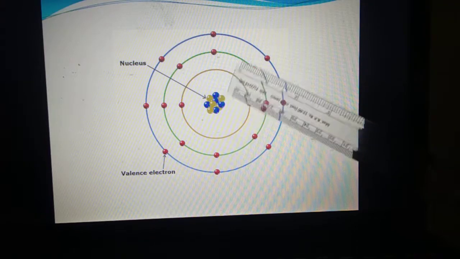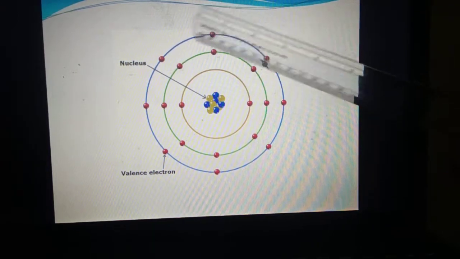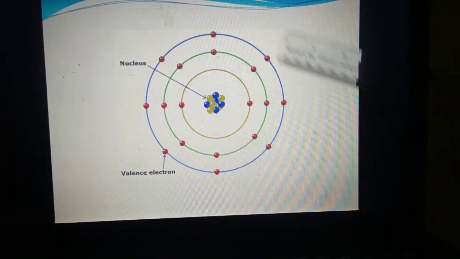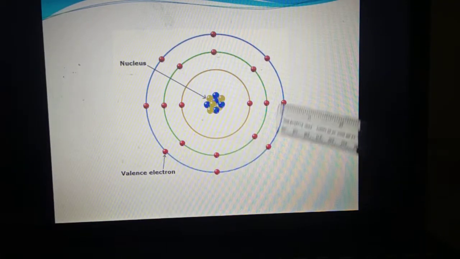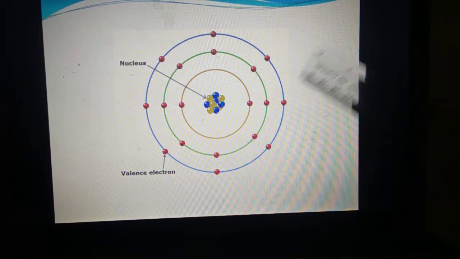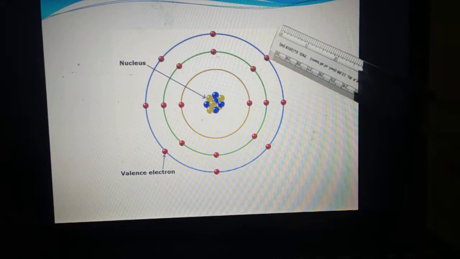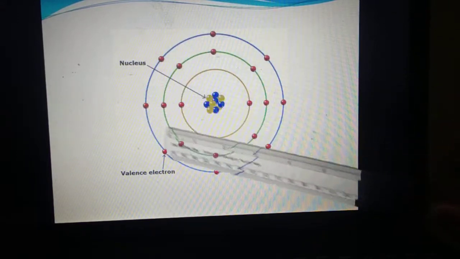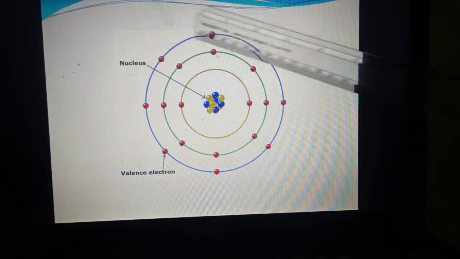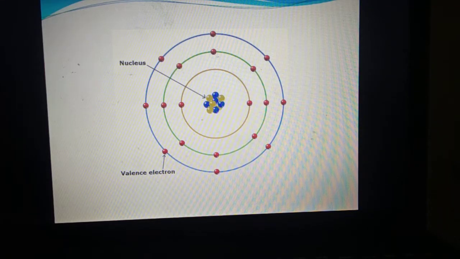The last shell of electrons is called outermost shell of electrons. They are valence electrons. Whenever bonding is formed, they share or transfer electrons from valence electrons, this outermost shell of electrons only, not from inside.